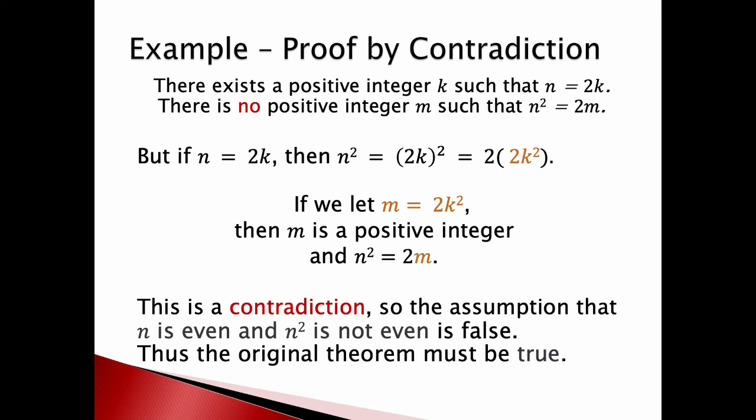That's a contradiction. So we assumed that n was even, that n squared was not even, and we got a contradiction. The original theorem has to be true, because our assumption that the original theorem was false is false. Two negatives make a positive. It's essentially how proofs by contradiction work.